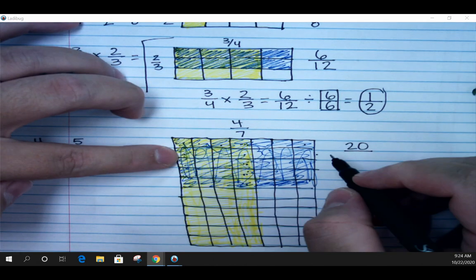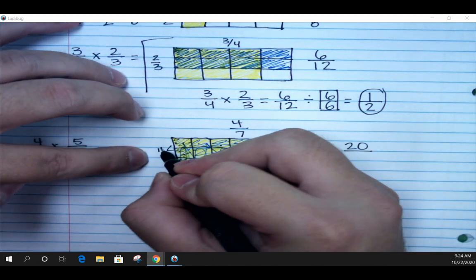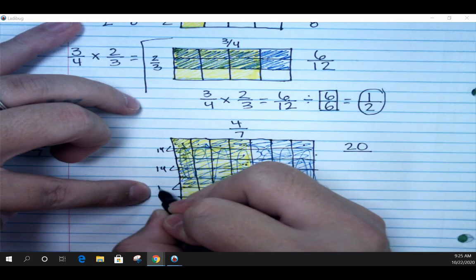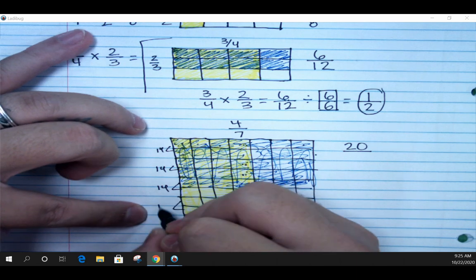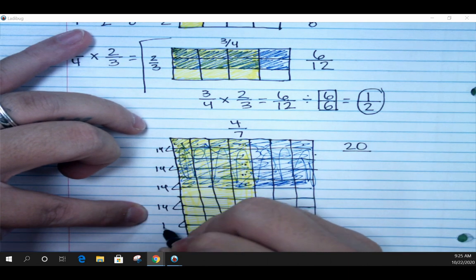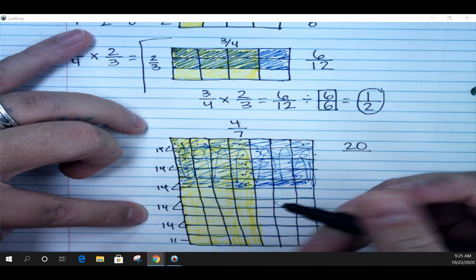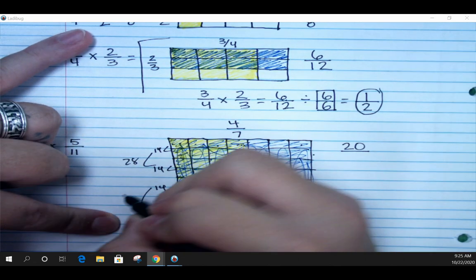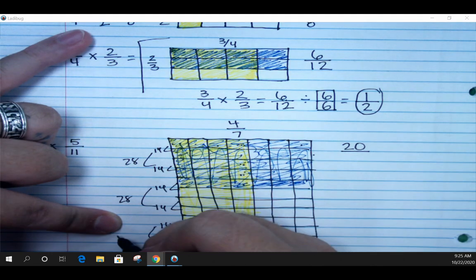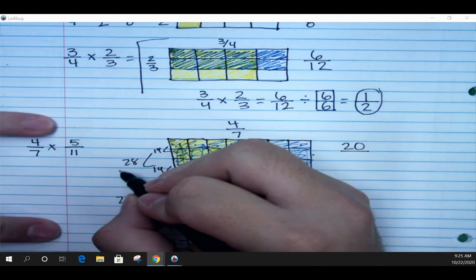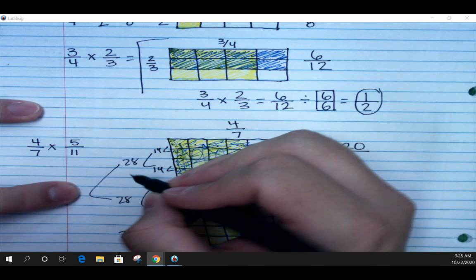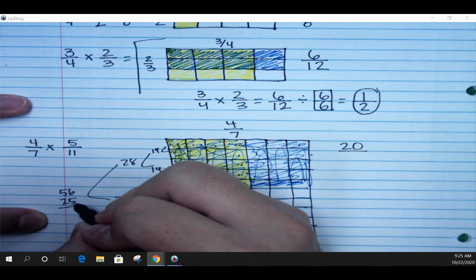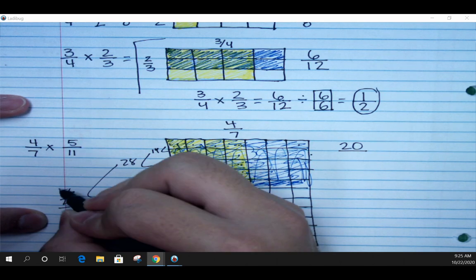And 7 is how many? 14. That means that's 14, 14, 14, and that's 11. 14 and 14 is 28. 28 and 28 is 56. And 25 is 6, 7, 8, 9, 10, 11.